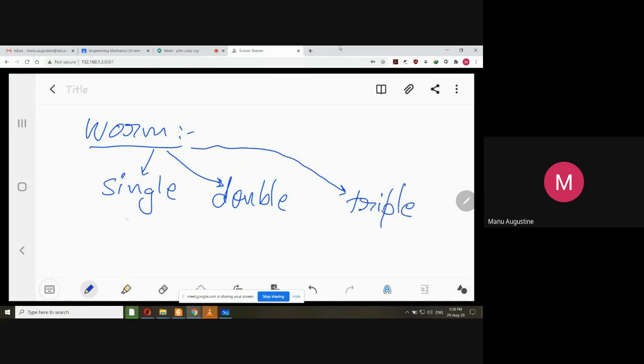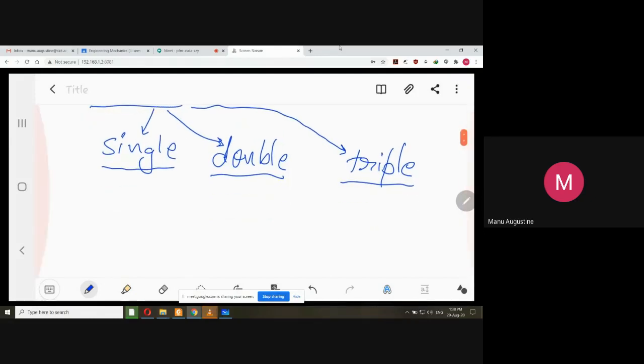And what is the significance of single start, double start, triple start? This is start, that means it starts with a single tooth. This one starts with a set of two teeth. And this one, if you remember the video, you have to imagine three teeth. Then a triple start worm will start with three teeth.